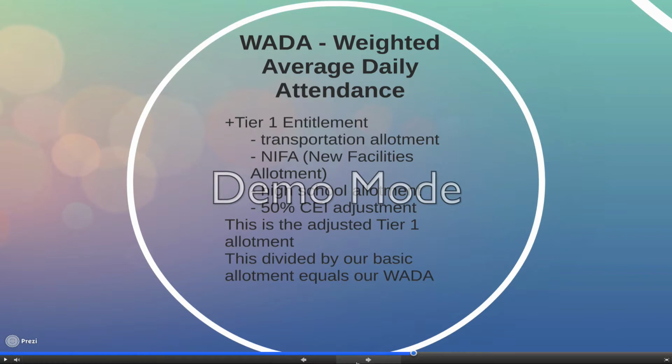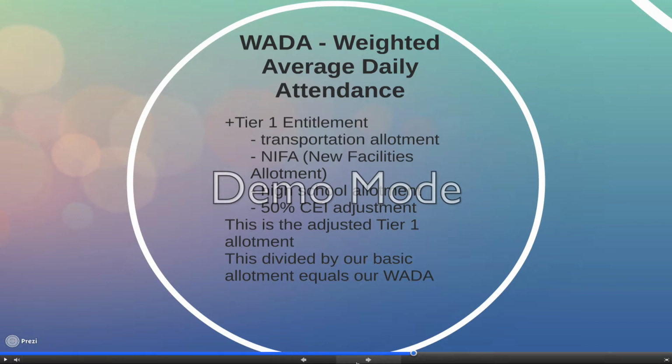Unfortunately, this hasn't been updated since the 1989-1990 school year. Now this number is our adjusted Tier 1 allotment. This, divided by our basic allotment, equals our weighted average daily attendance.